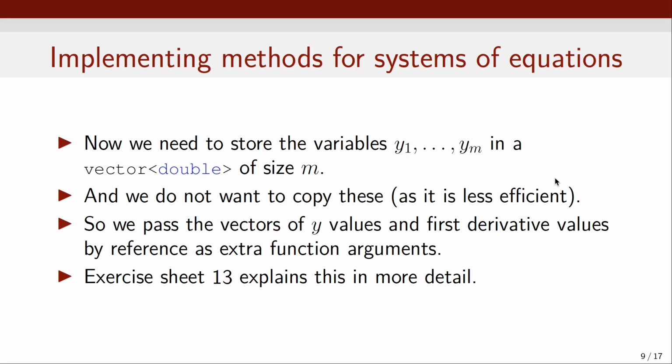And typically we do not want to copy these because this is less efficient, especially if y is a very large vector. So it's more efficient to pass the vectors of y values and first derivatives by reference, as we've shown before, as extra function arguments. And we will explain this in more detail in an exercise sheet.